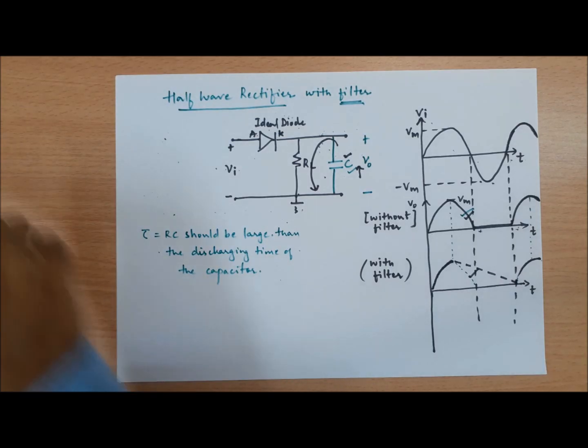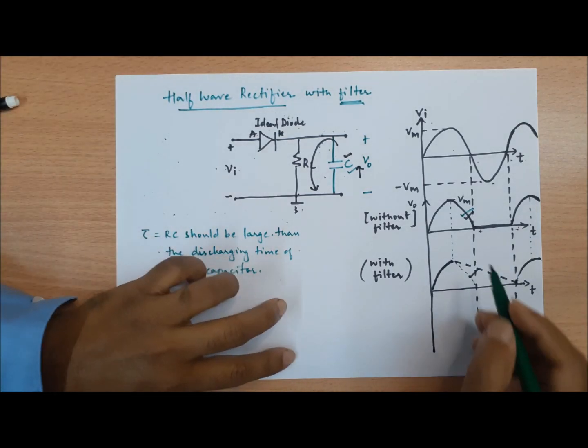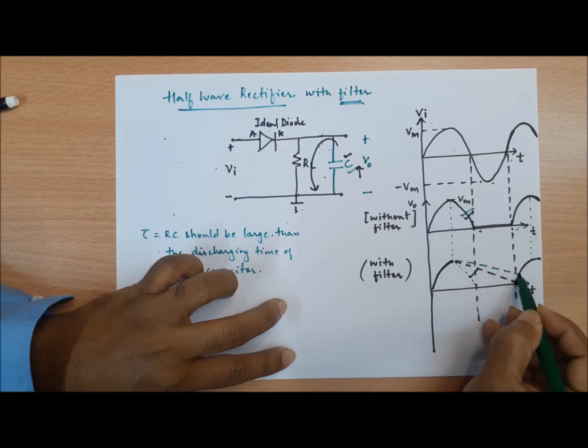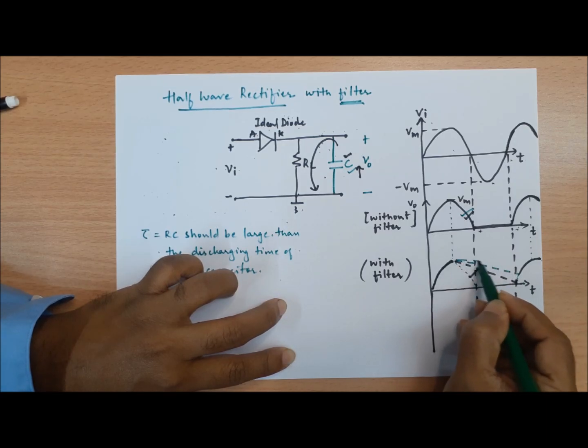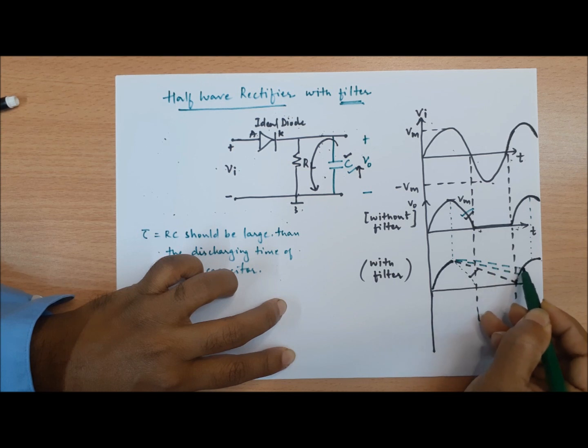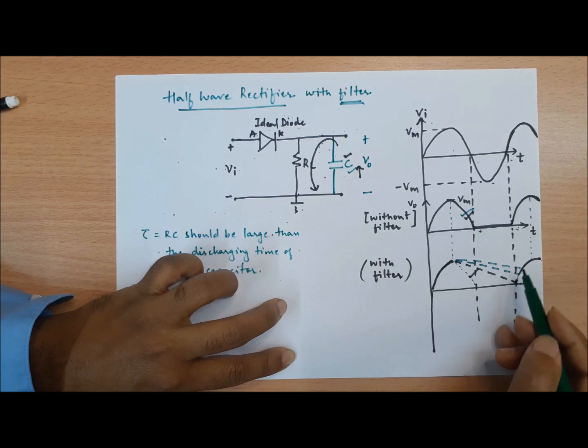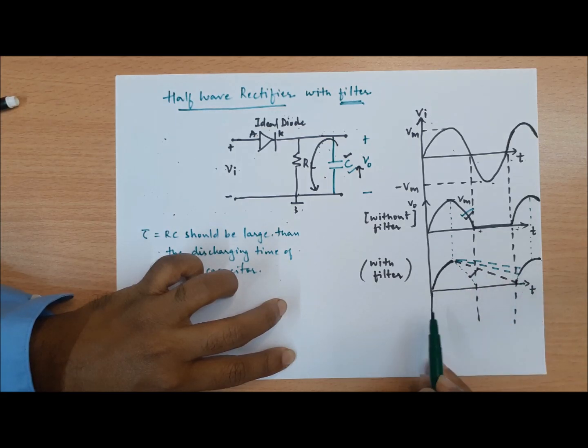If I keep increasing the value of the capacitance, I will get a better DC. I cannot say that it's a pure DC. It is still a pulsating DC. However, the ripple contents are reduced greatly.